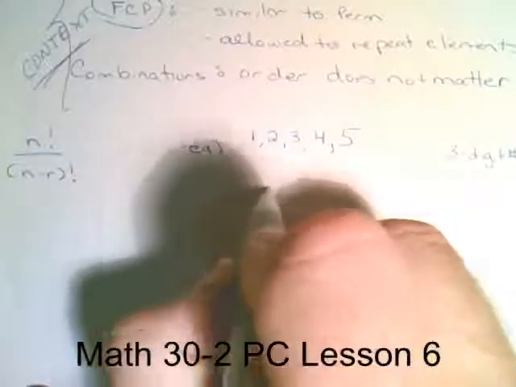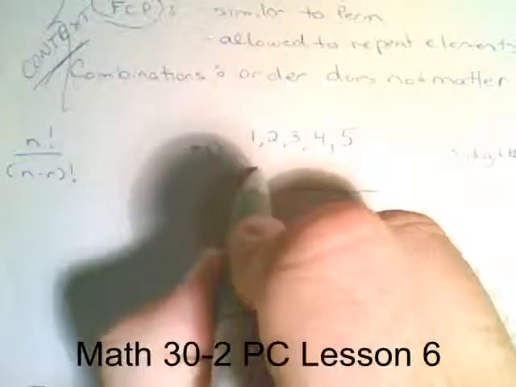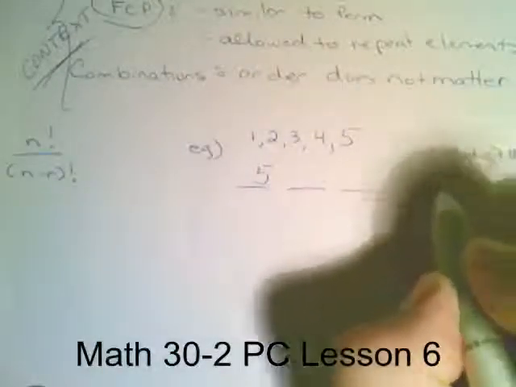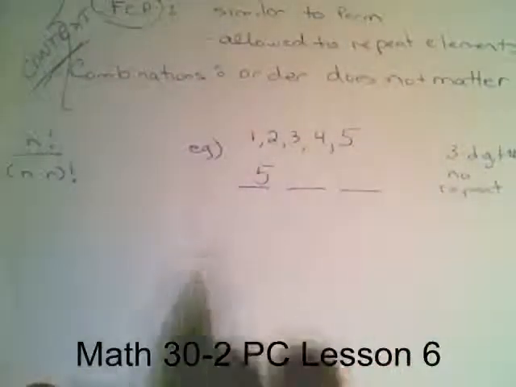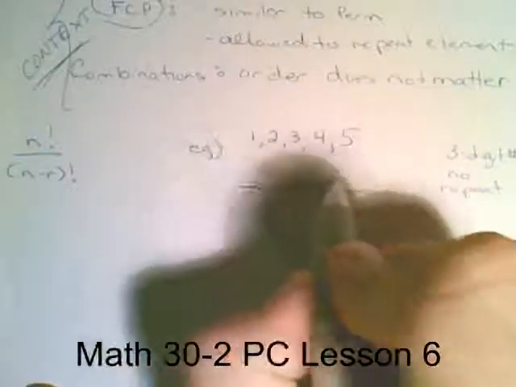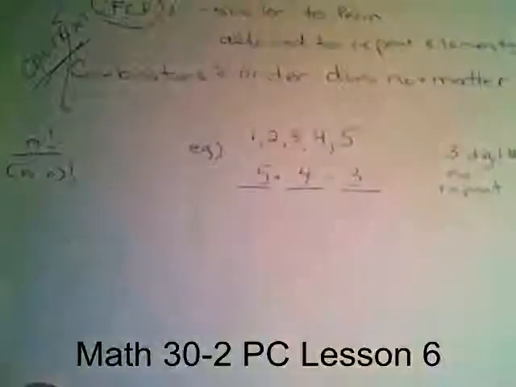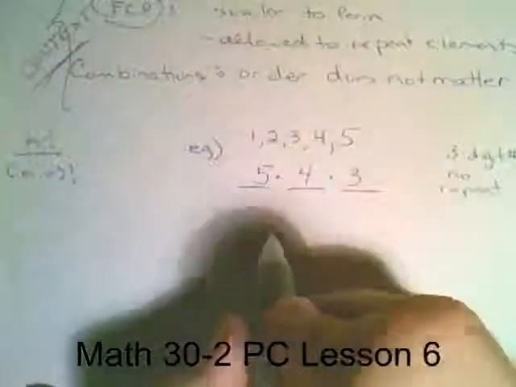So fundamental counting principle tells me there's a first blank, a second blank, and a third blank. I've got 5 choices for that first one. I'm not allowed to repeat, which is what permutations is, so I've got 4 choices for the next blank and 3 choices for the last blank.